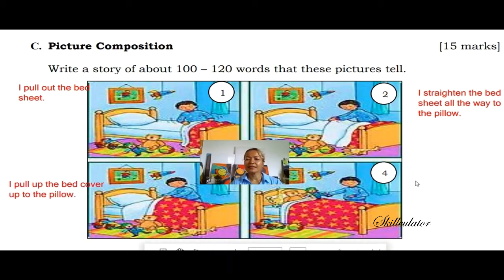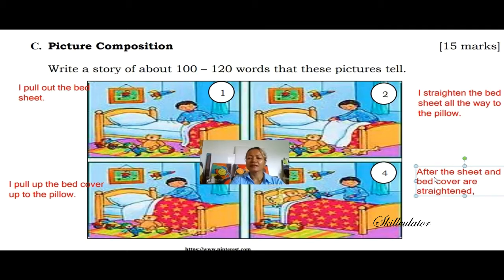and then the 4th thing that's happening here is after the sheet and bed cover are straightened, comma, I pick up my toys off the floor, the toys are arranged on my pillow.